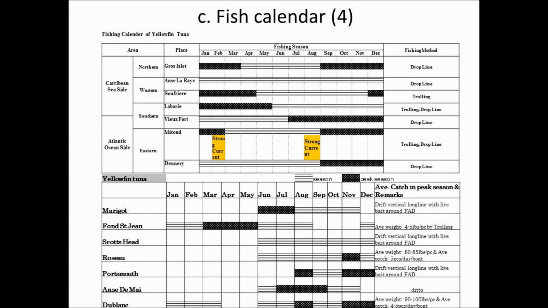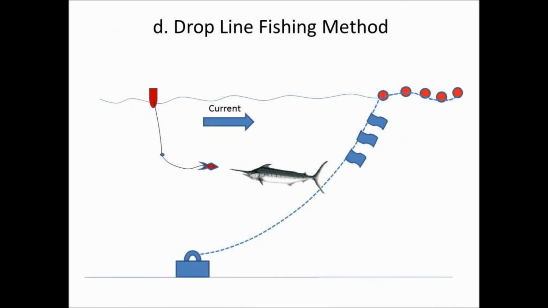In Dominica's context, the major communities are listed, which are Marigot, Fond Saint-Jean, Scott's Head, Roseau, Portsmouth, Anse Zim and Dublanc, and it shows the corresponding patterns for the predominant species such as yellowfin and the times that they were caught.